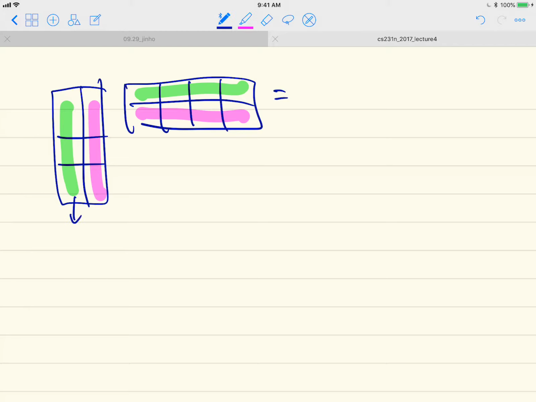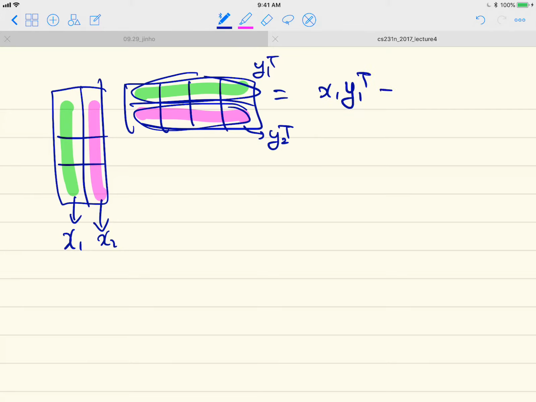And so this column is x1 and x2, and this row is y1 transpose, and this is y2 transpose, and x1 y1 transpose plus x2 y2 transpose, right? So this was the fourth perspective of understanding matrix multiplication.